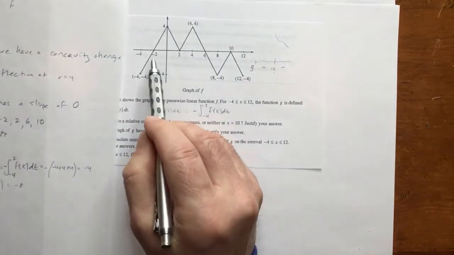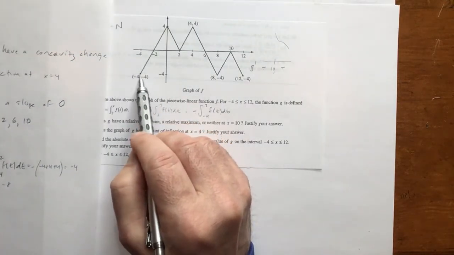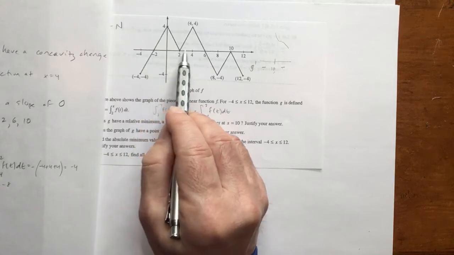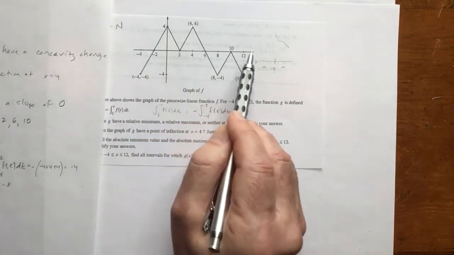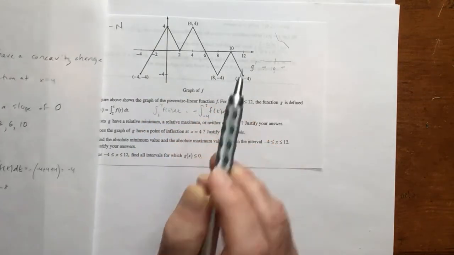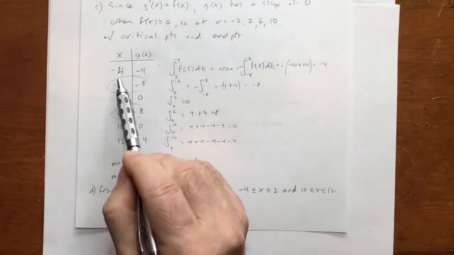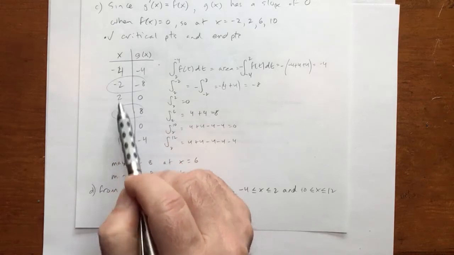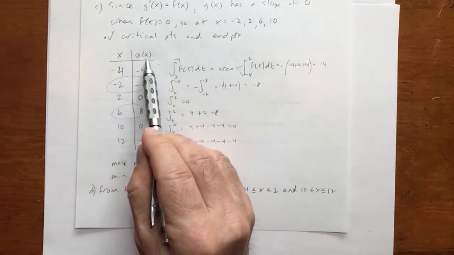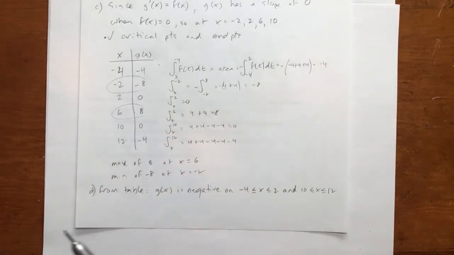Let me just look at the graph. Here I have an endpoint, 0, 0, 0, 0, and an endpoint. Those are my critical points and my endpoints, and those are the values of x for which I want to evaluate g. I'm looking for the max or min.